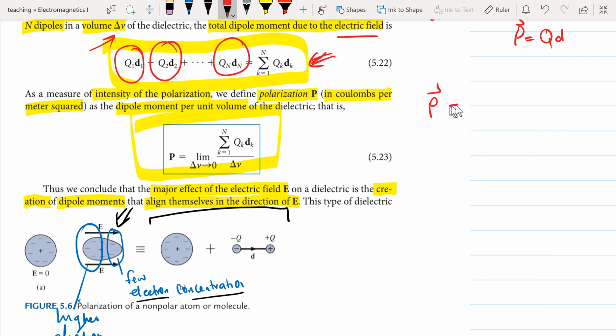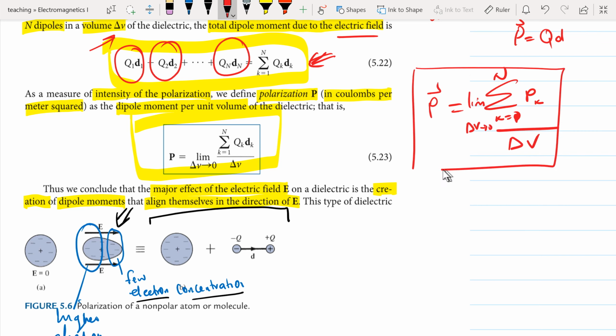That is the total number of dipole moments that we have obtained, from k equals 1 to k equals n, then per unit volume, that is when we say the limit as the small volume approaches 0, you divide by dV. This gives you what we consider to be the polarization vector that is measured in coulombs per square meter.